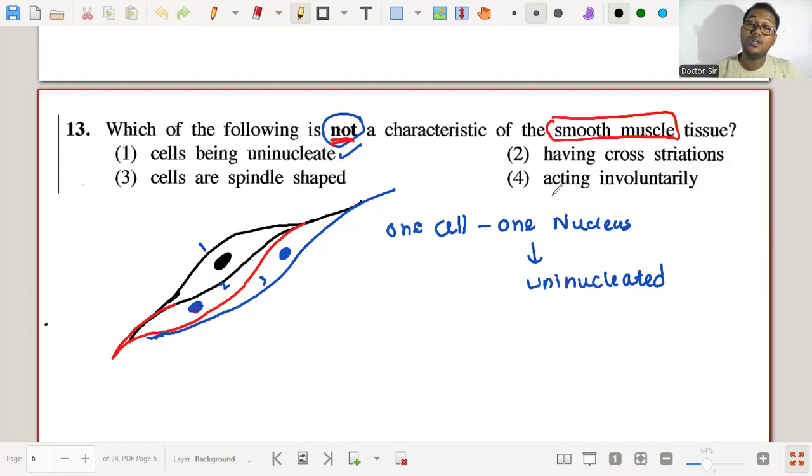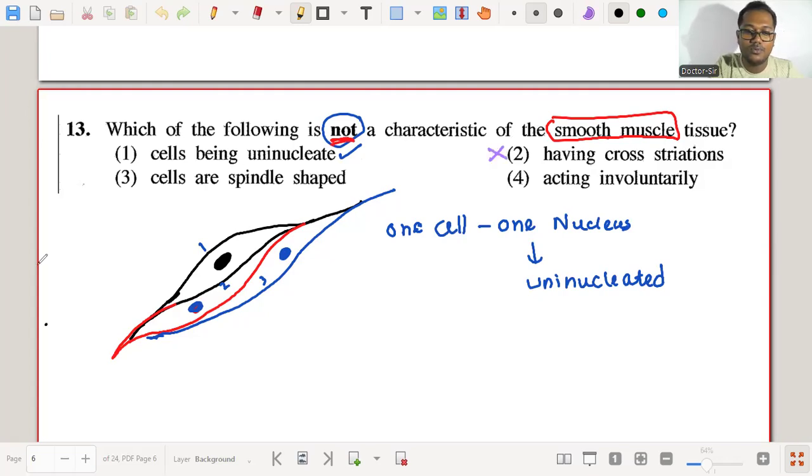You have to find out the wrong one here. Then, having cross striation: is it correct or wrong? Wrong. Why? Cross striation does not appear in smooth muscles. Cross striations appear in skeletal and cardiac muscles. So this is wrong.